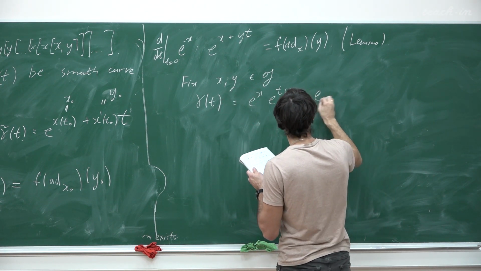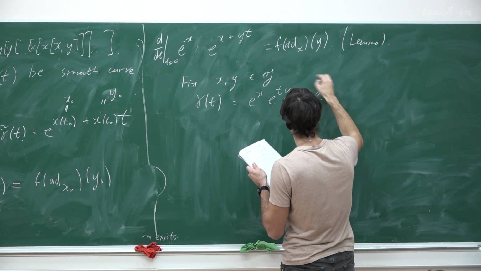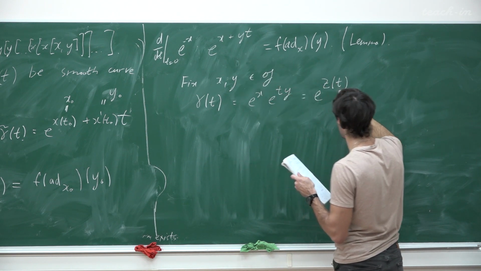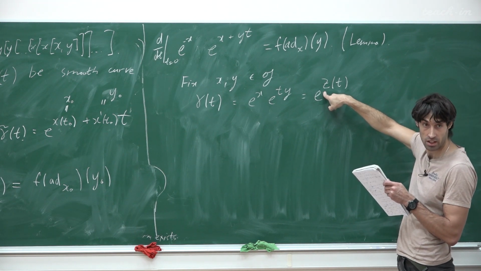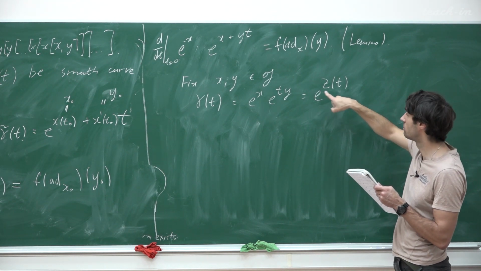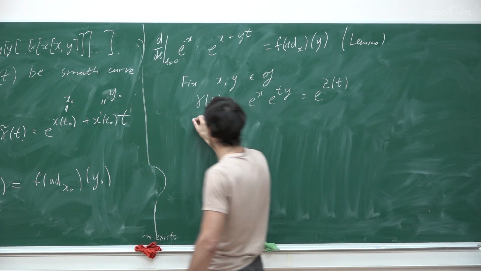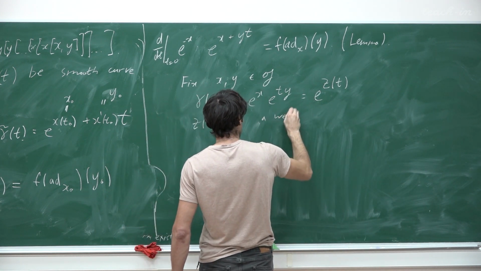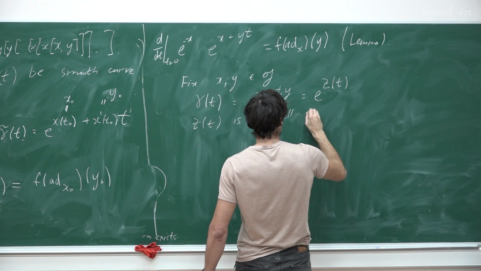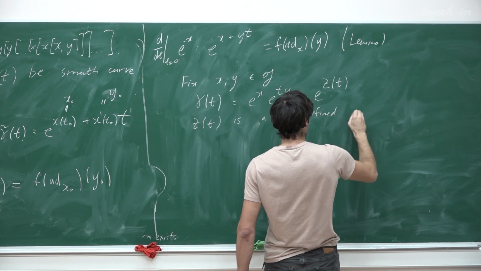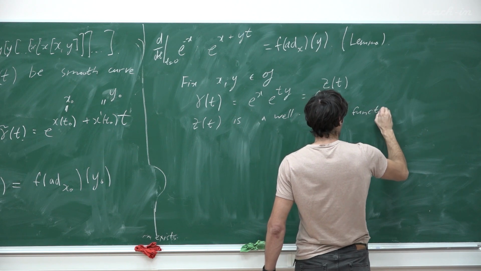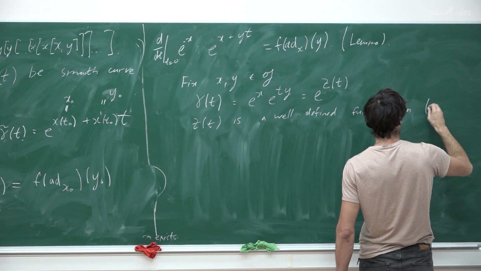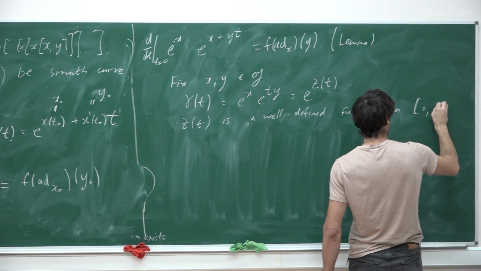If my x and y are fixed, I define a function of t like this, and if they are small enough, then z of t is a well-defined function on 0, 1.